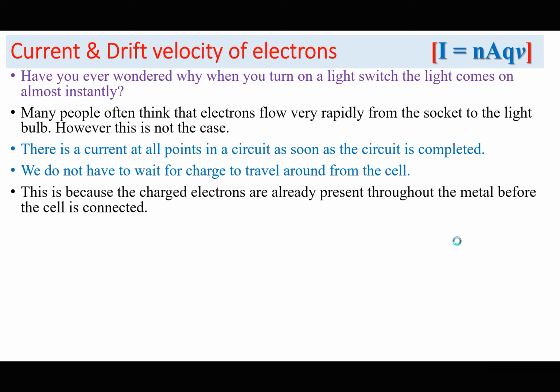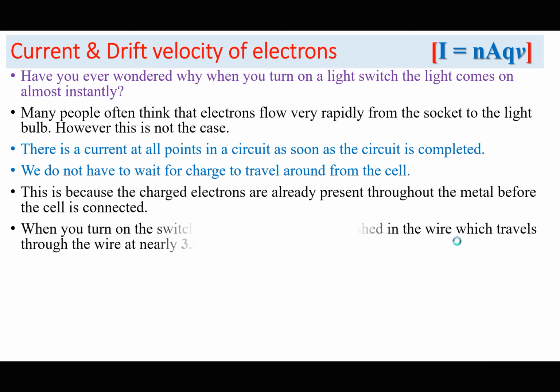So because they are already there, when we close the switch or complete the circuit, we just set an electric field in the wires, which travels through the wires at near the speed of light.